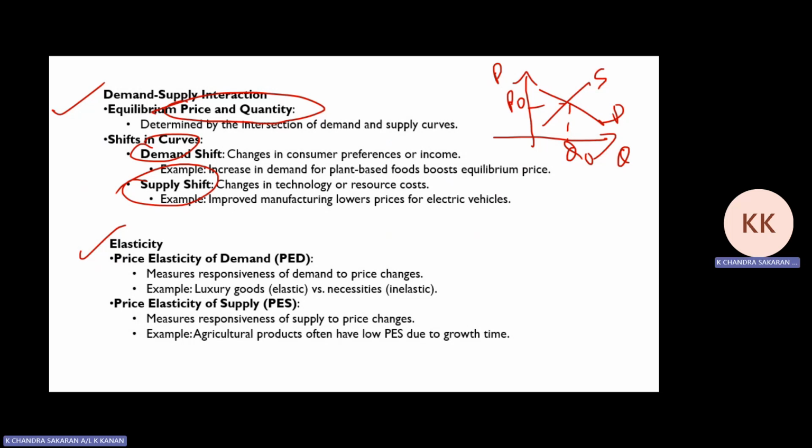For example, if you're selling basic goods, the consumers are not so responsive. If the consumer has no choices, they are not so responsive. If the consumer has a lot of choices, if the good is not a basic necessity, they are very responsive. That means they are very sensitive to price.